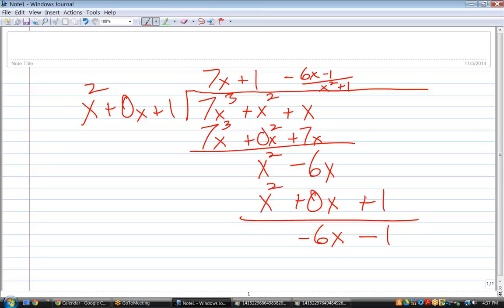Yeah. And that kind of makes sense if you think about it. In other words, if you're dividing a cubic by a quadratic, you should get a linear term and a remainder if it's not a perfect factor, and it's not. And actually the way I can test whether that's the correct answer is by multiplying that whole thing by x squared plus 1.